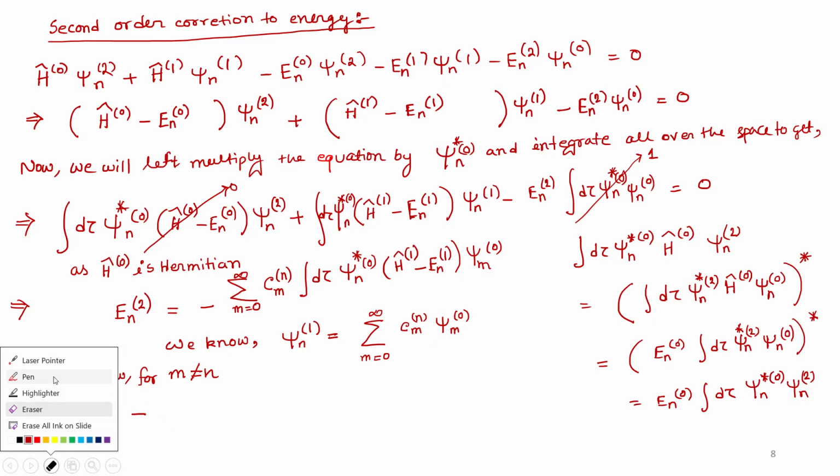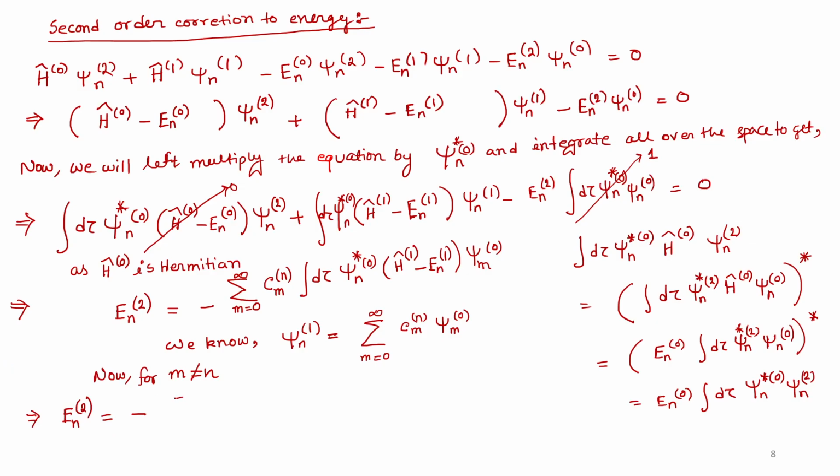I have to take this summation thing, that m can be 0 and infinity. Now we are applying the condition m not equals to n, c_mn, d tau, psi n zeroth star.